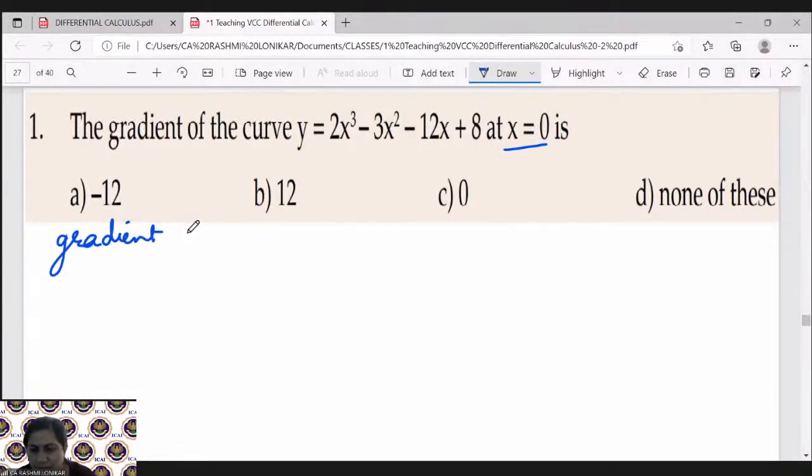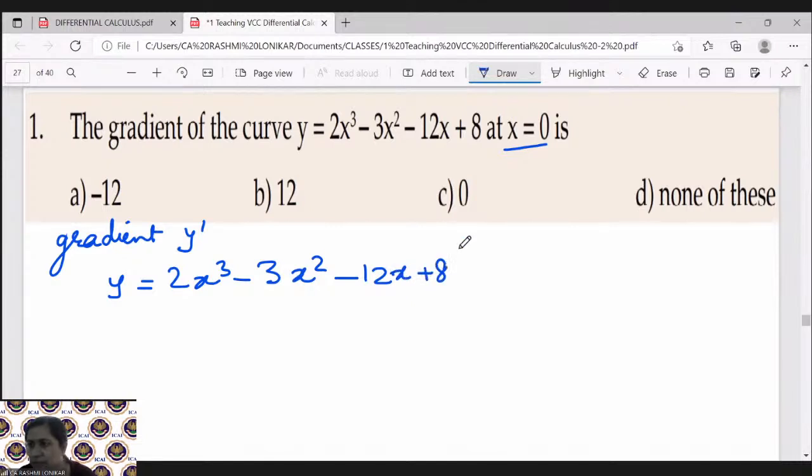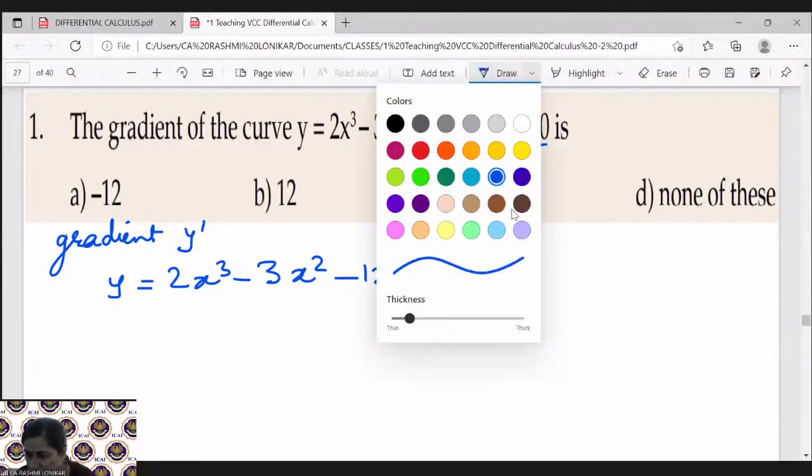I have to find y dash. Okay, gradient means I have to find the first derivative. So I have y which is equal to 2x cube minus 3x square minus 12x plus 8.